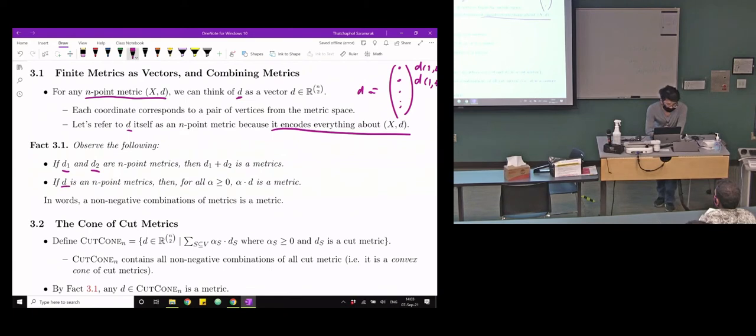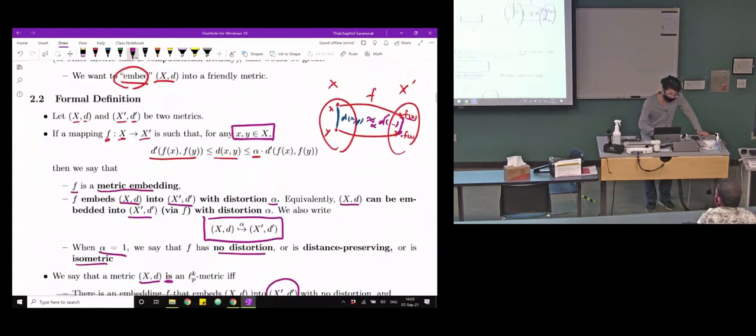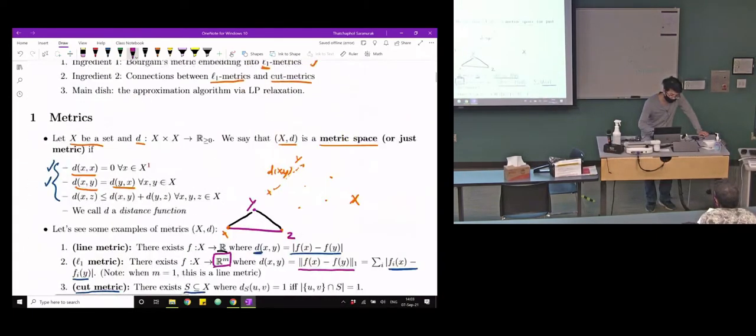Also, if D is a metric and you scale it by any non-negative number, it's also a metric. To verify that the new thing is a metric, you just need to verify these three things, and it's kind of obvious.